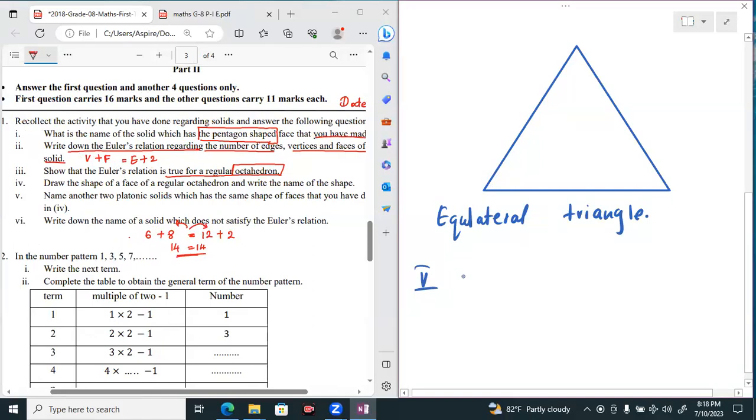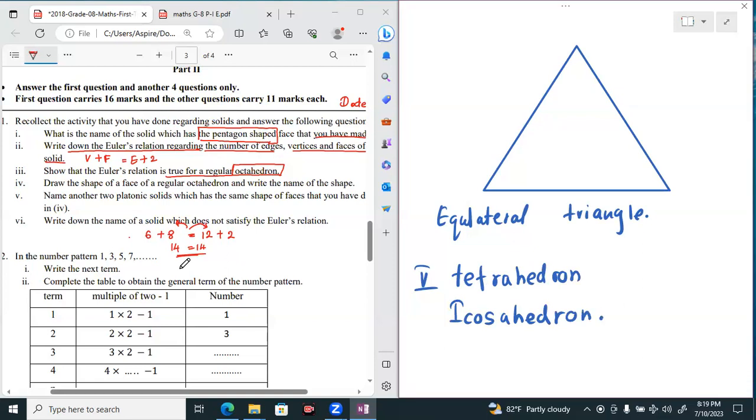You can write tetrahedron. Tetrahedron is one of the Platonic solids with equilateral triangles as faces. The other one is icosahedron.